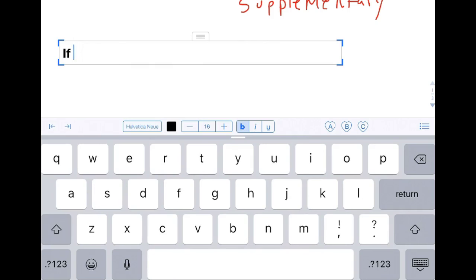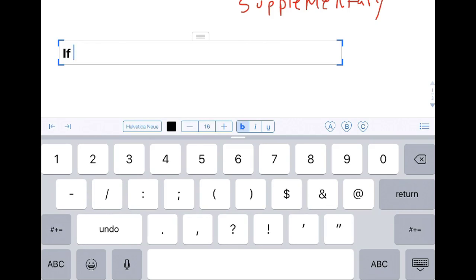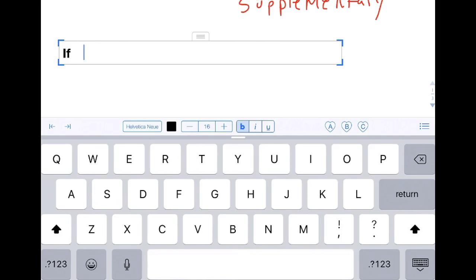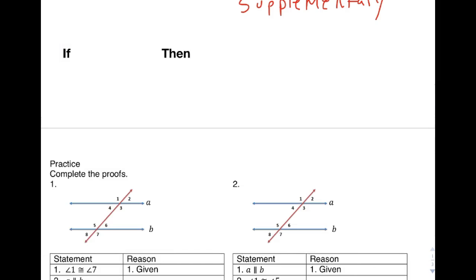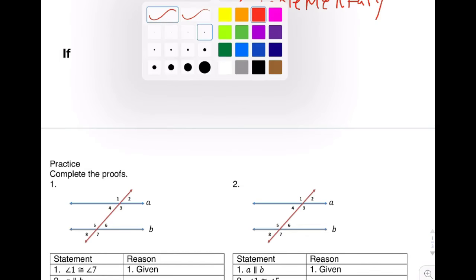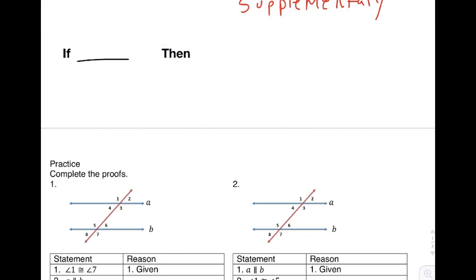If, and then in this spot goes a blank, and a then, and a blank. And though it's fairly simple, it can be a little bit confusing what goes in the if part and then what goes in the then part.